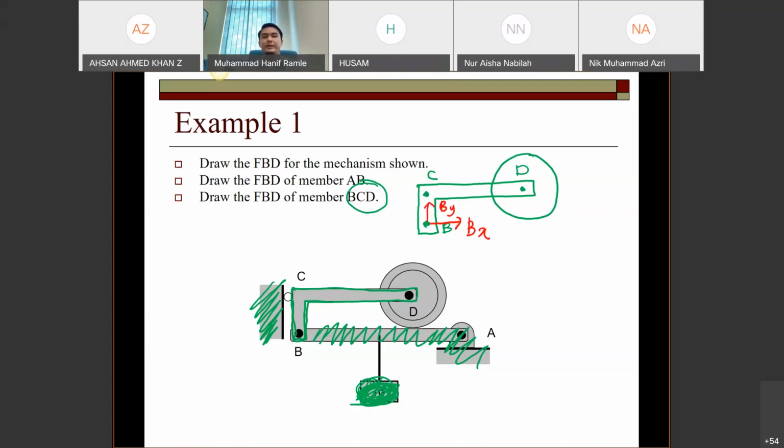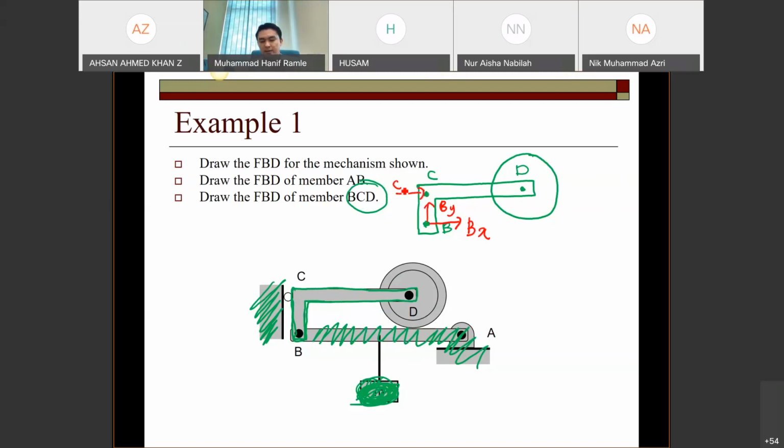Okay, how about point C? At point C, how many reactions are there? No, the answer is 1, which is this way.